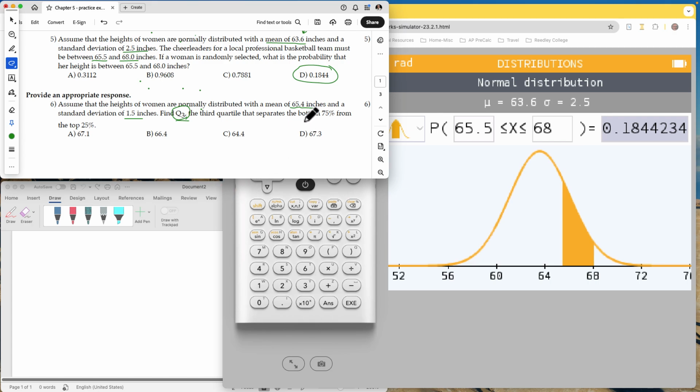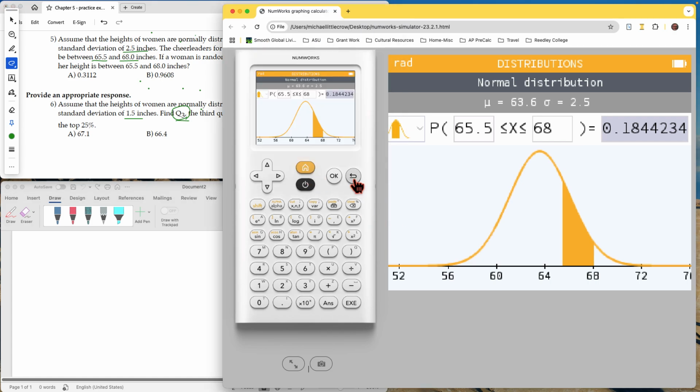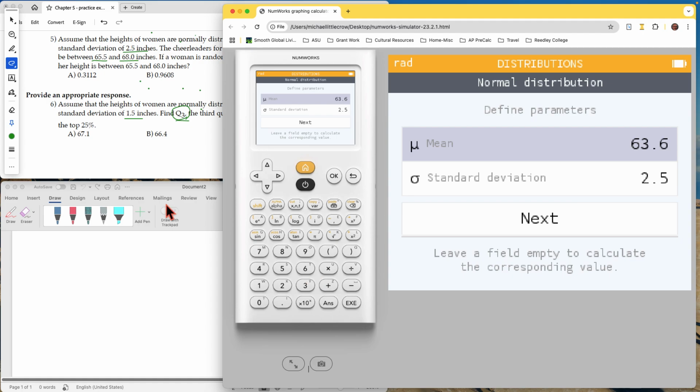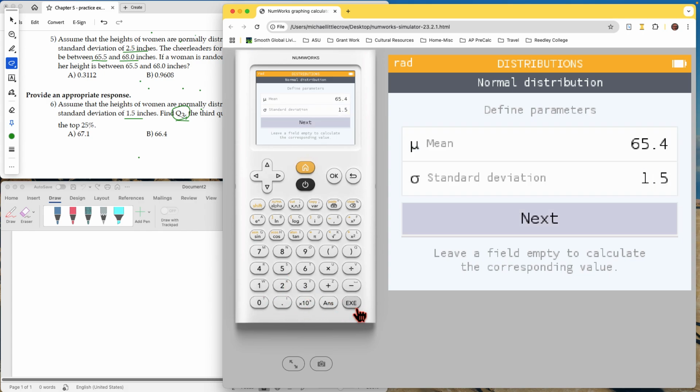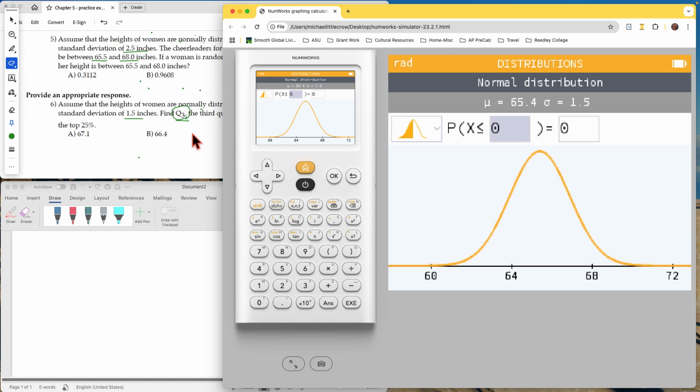Again, what we have to do is come back and set up our mean and our standard deviation. So we go back. In this case, it is 65.4, and standard deviation 1.5. Now, one way to do this is we want to do the less than.